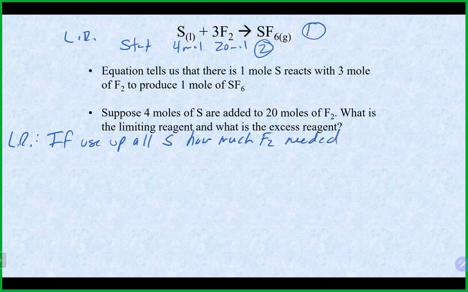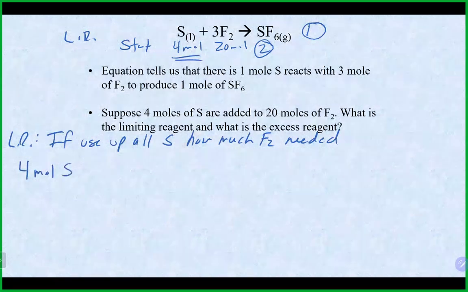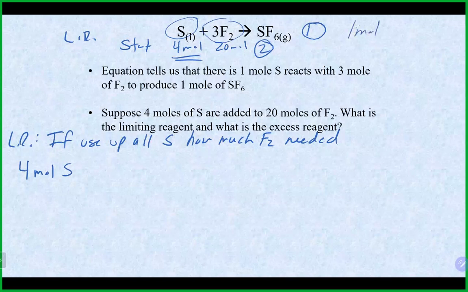So what I'm going to do is take the moles of sulfur, and I'm going to use the stoichiometry between the sulfur and the fluorine here, which is 1 mole of sulfur gives me 3 moles of F2. And I'm going to use that in just a basic small stoichiometry calculation of 1 mole of sulfur gives me 3 moles of F2.